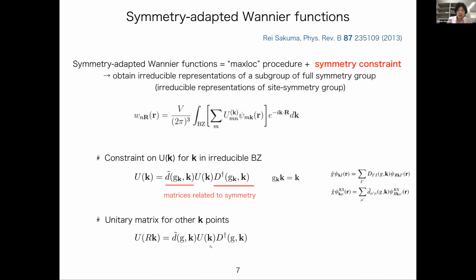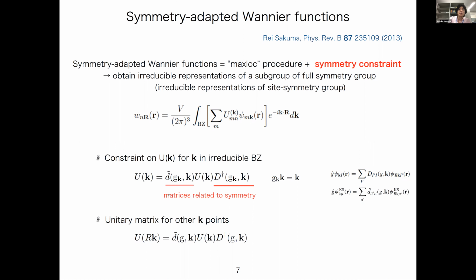So here, this U of K is the unitary matrix for the irreducible K point. Then this U of RK is for a general K point. So just from the irreducible K point information, we can reproduce the unitary matrix for other K points.